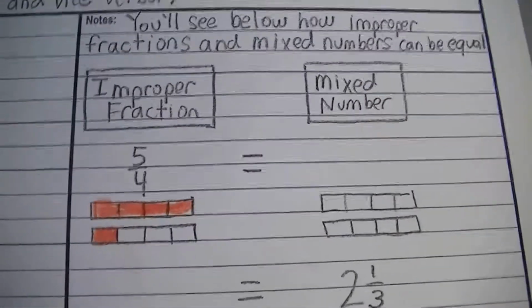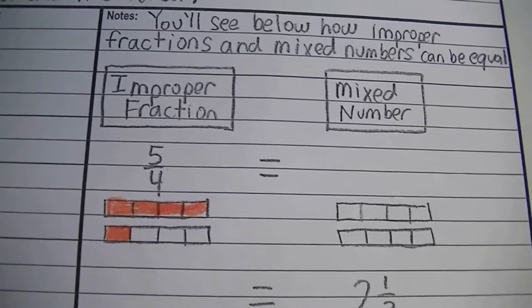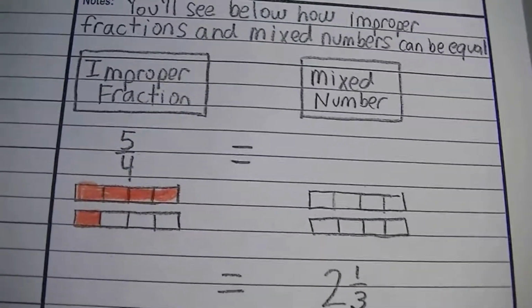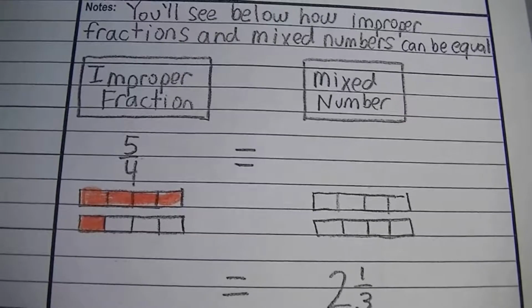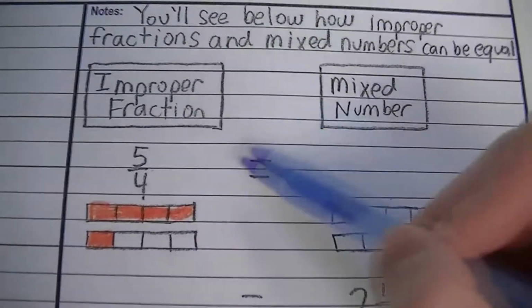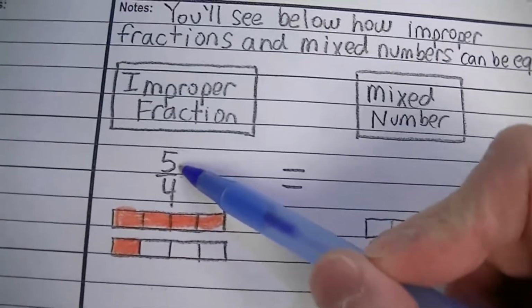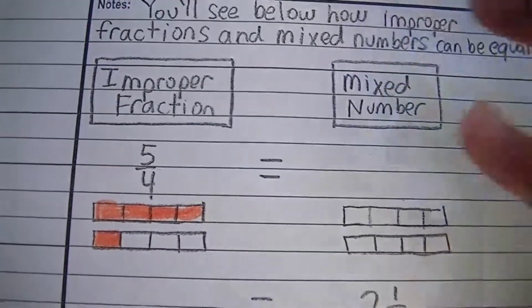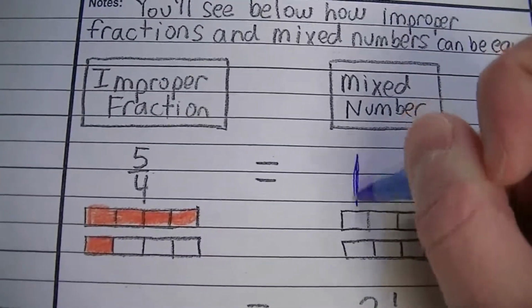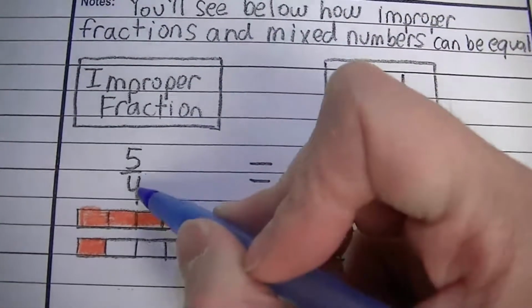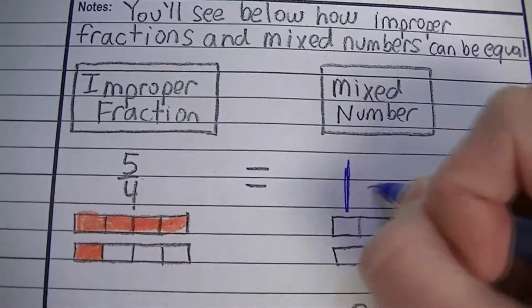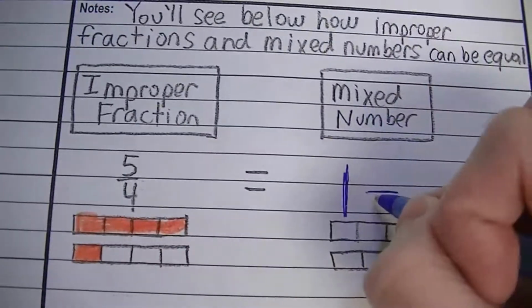Okay, so now I'm going to show you how to convert that improper fraction into a mixed number. And here's the process you would kind of go through in your head. You would ask yourself, how many times does 4 fit into 5? Well, 4 fits into 5 one whole time. And you're going to keep that same denominator when you're turning this improper fraction into a mixed number.